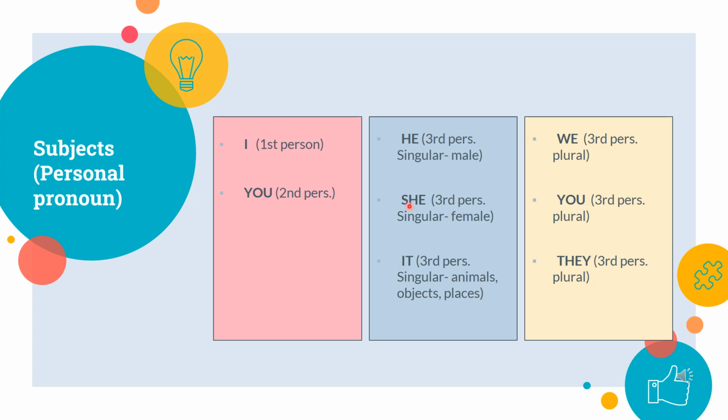Those are singular, those are plural. We use we when I am in the conversation. Then we use you, and they, when you are not in the conversation. This is the famous nosotros, ustedes, and ellos.